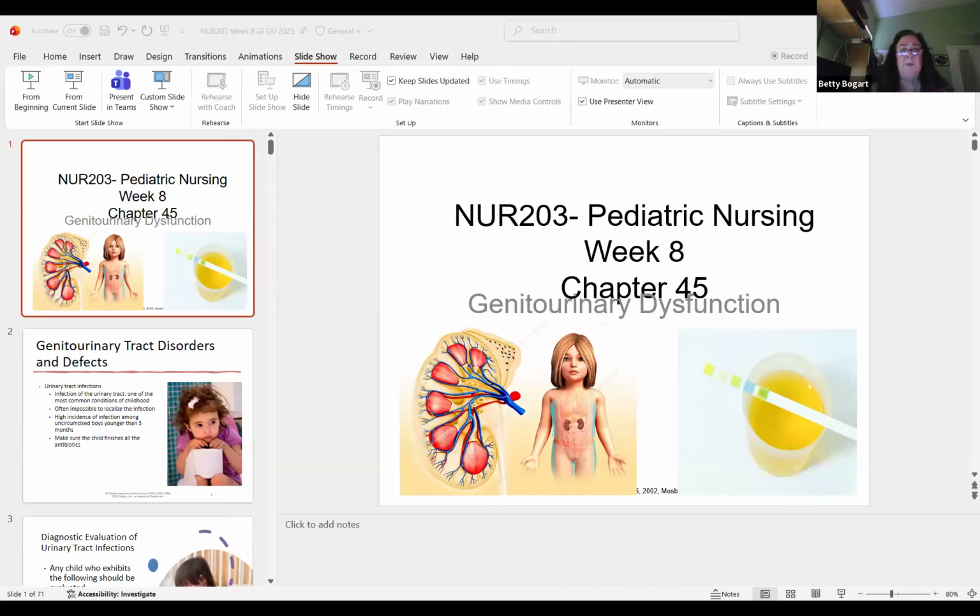Other things that can happen to boys are hydrocele, which is just basic fluid going around the testicles. Usually by 12 months, it's gone. Sometimes you can feel that little fluid in their testicles, and it's okay. Again, it's usually not painful. By 12 months it should be gone, and if not, they're going to do a surgery.